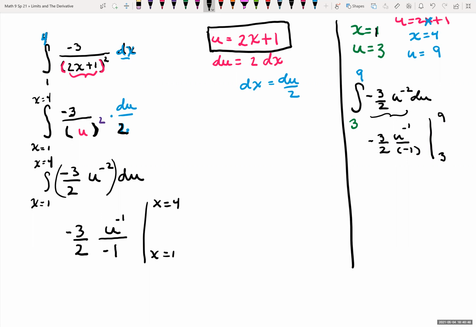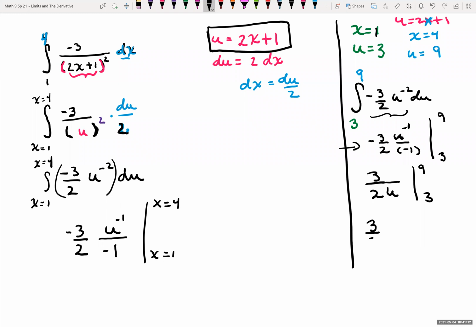So in this case, the second case that I'm doing, I can just go in right now and plug in my 9 and my 3. Maybe I would clean it up a little bit, negatives. So that's +3 over 2. I can make my u to the -1 power positive by bringing it down to the denominator. Now evaluate this from 3 to 9. So we plug in our upper bound first.